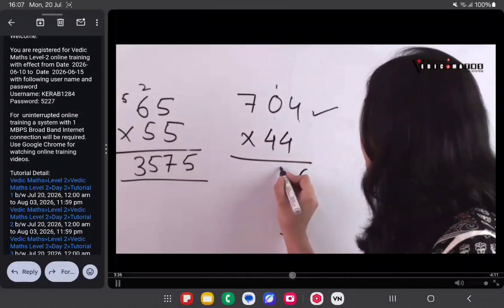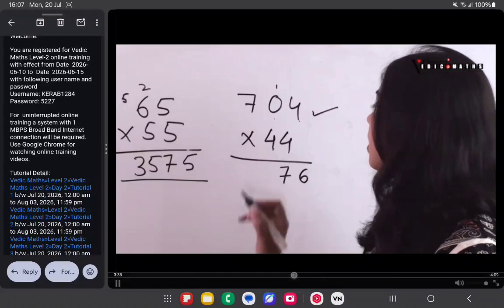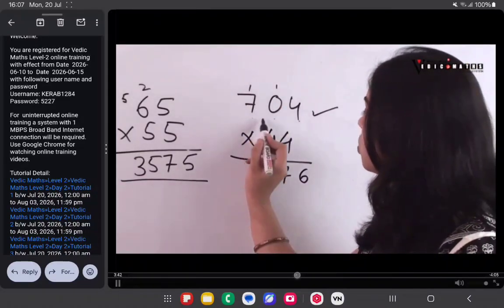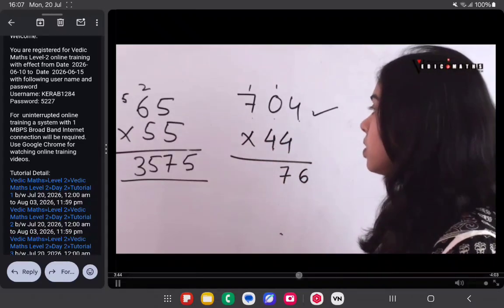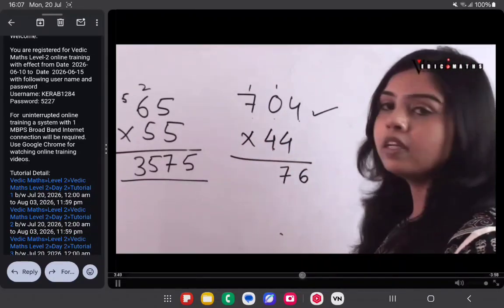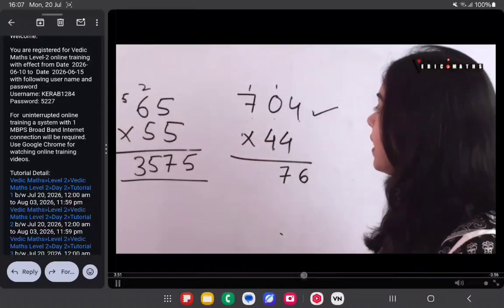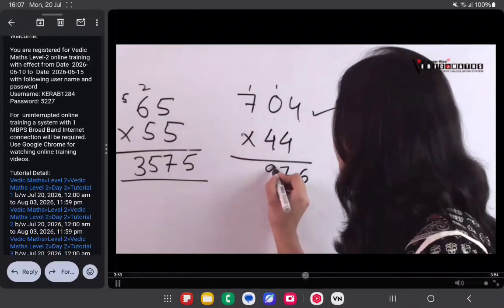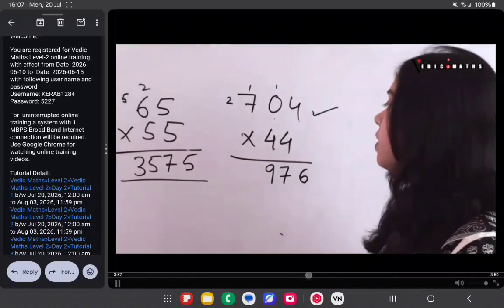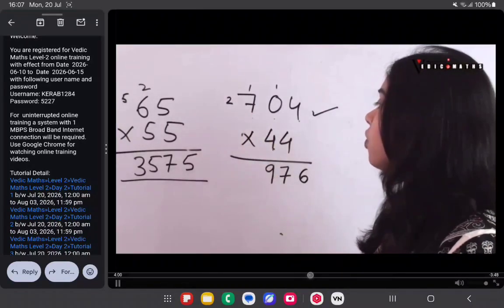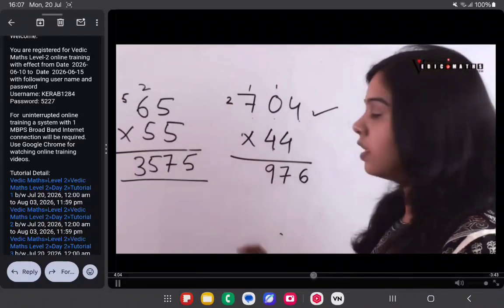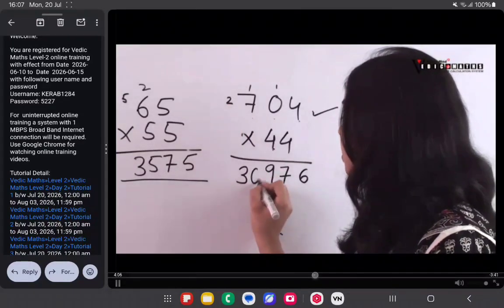Plus 1, 17. That means we can write here 7 and 1 is carry forward. Then add these two digits. 7 plus 0 is 7 into 4, 28. And we have plus 1. 28 plus 1, 29. That means we can write here 9 plus 2 carry forward. Then last digit into 4. 7 into 4, 28 plus 2, 30. That means we can write here 30.